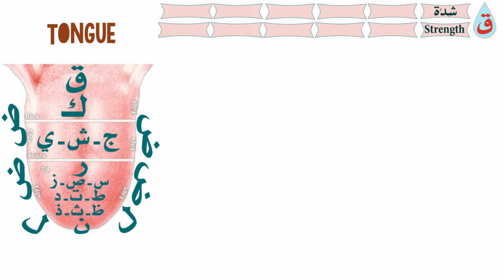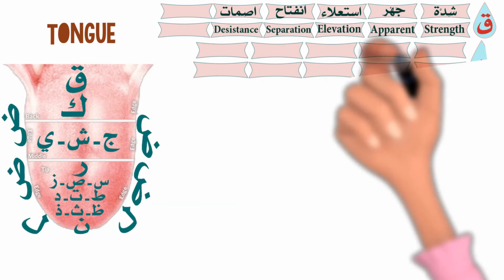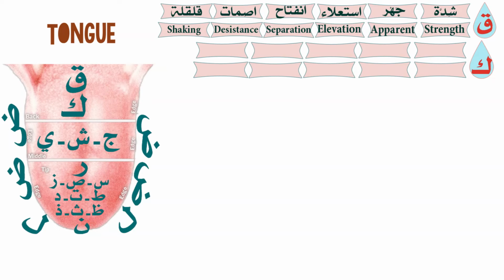The qaf has shidda, strength, and jahr, apparent, استعلاء, elevation, انفتاح, separation, إصمات, resistance, and قلقلة, shaking.